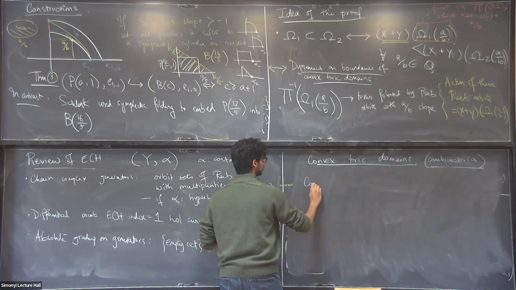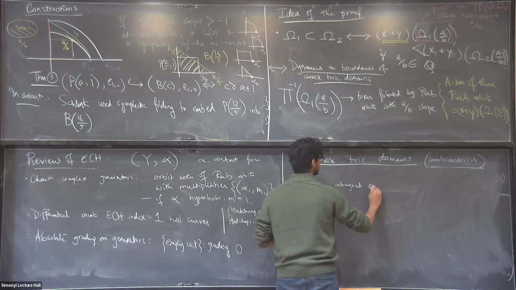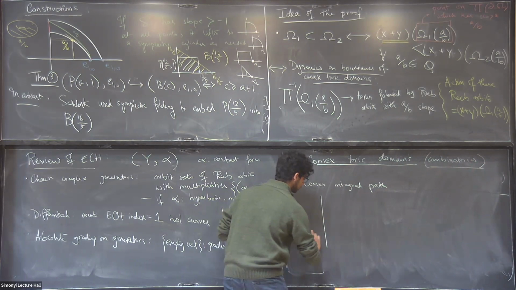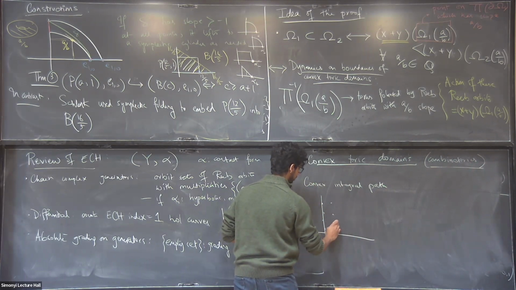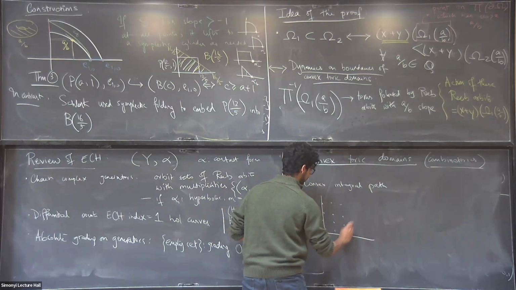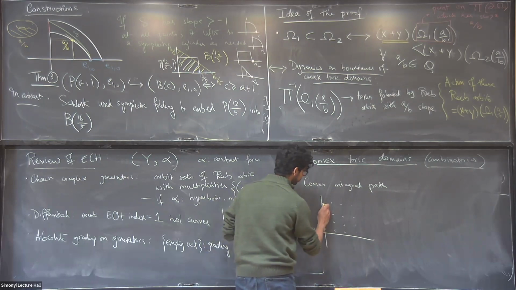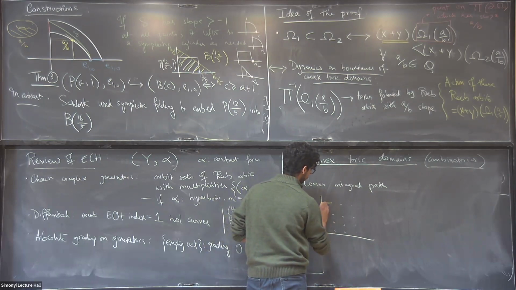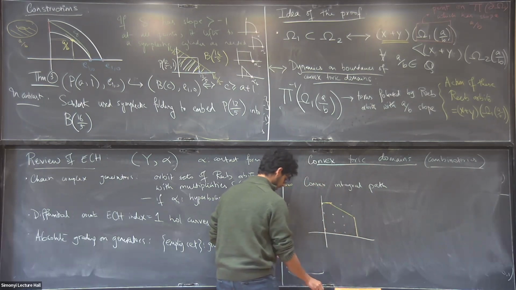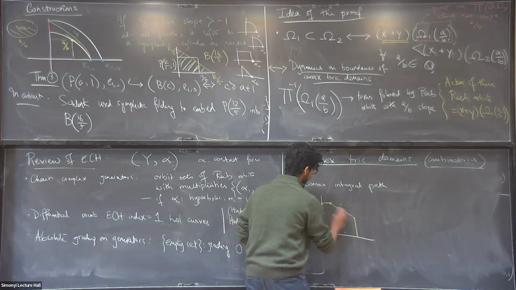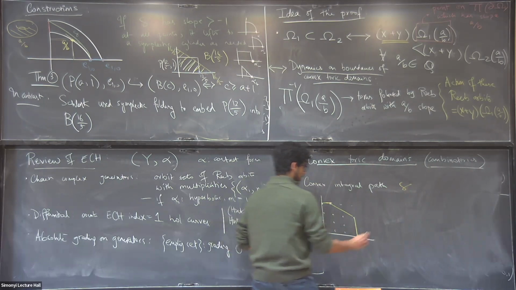So you take what's called a convex integral path, which is in some lattice. This also comes from Hutchings.